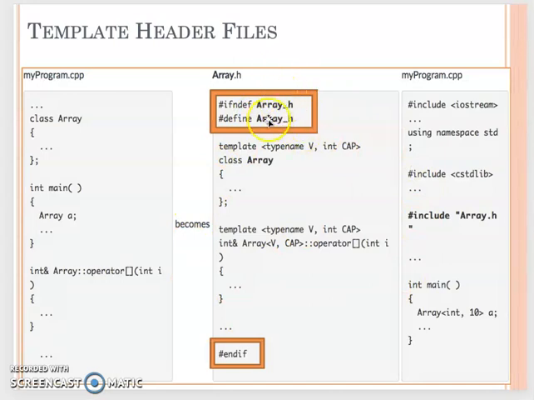The first time we see the include array.h, the compiler sees that it doesn't have ARRAY_H, so it defines it. But the next time, if it tries to include array.h again, we check if not defined, but ARRAY_H has already been defined, so the compiler skips it. This we call the include guard.